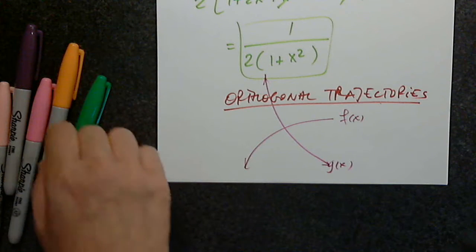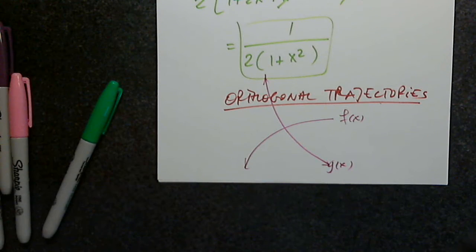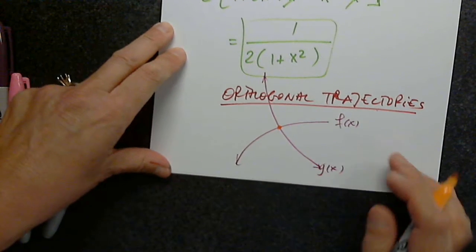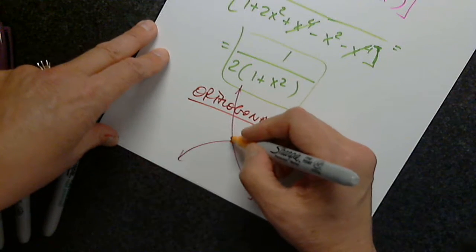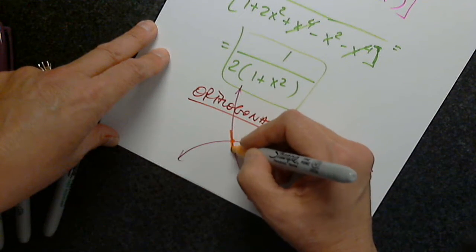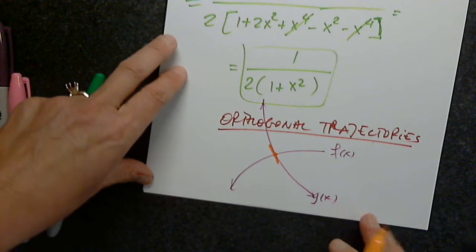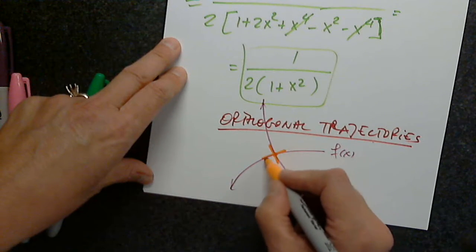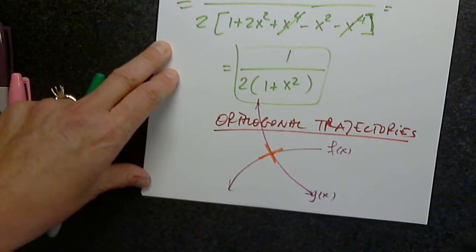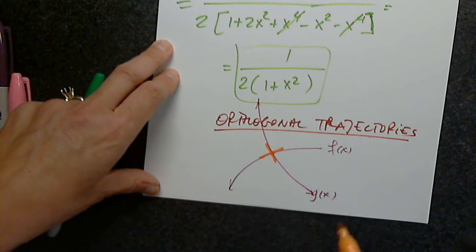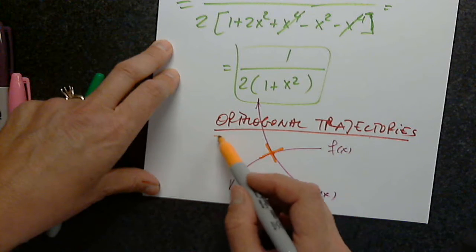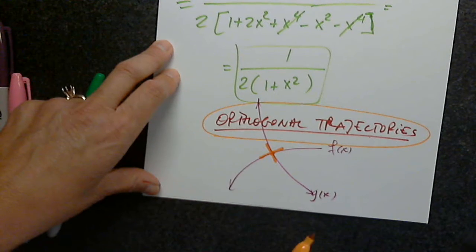According to my graph, how many points of intersection do these two functions have? 1. If at that point of intersection the tangent to g of x is perpendicular to the tangent at f of x, f and g are orthogonal trajectories.